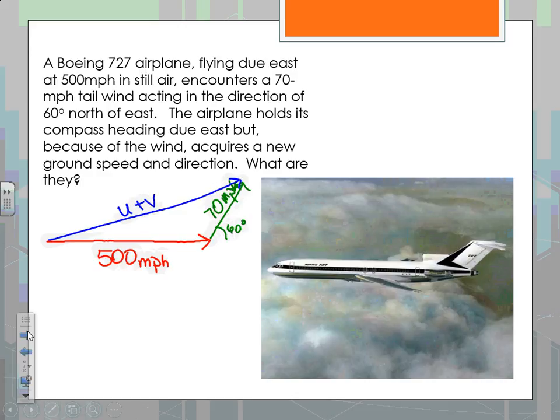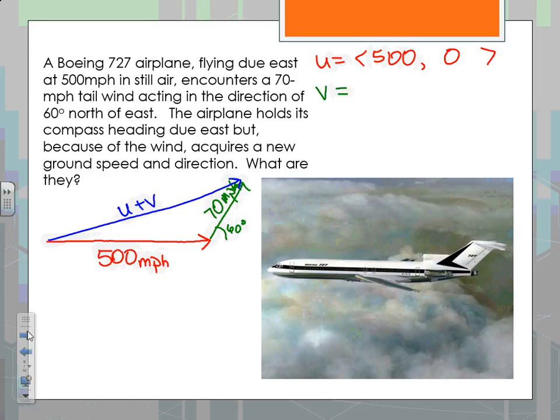Okay. So vector u. How would you describe vector u? We'll call the green one vector v. Okay.